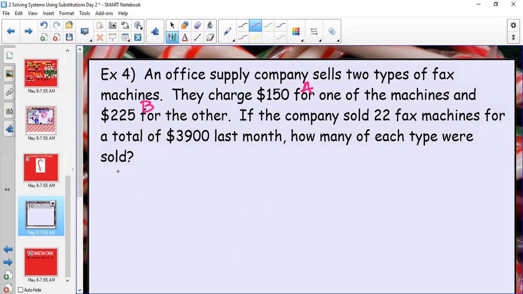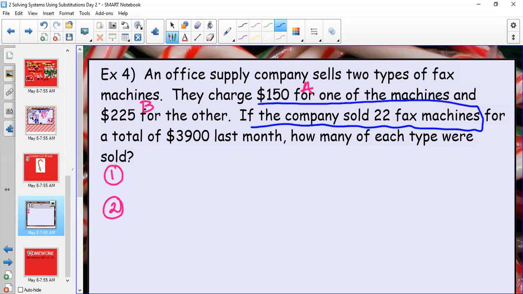Okay, so I know that I am going to have a system here. So that means two equations. I also know, notice here it says if the company sold 22 fax machines, that right there is giving us an equation. It's telling us a total.